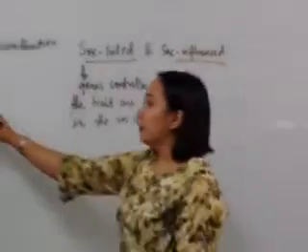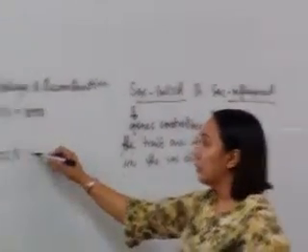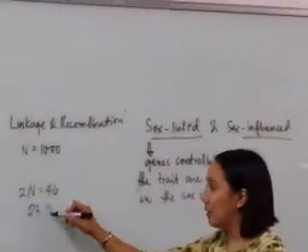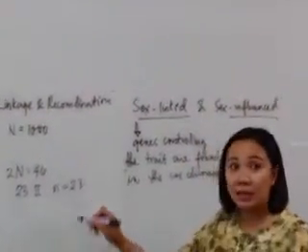Okay, so if you can still remember, if your 2n is equal to 46 in human, you have 23 bivalents because n is equal to 23.